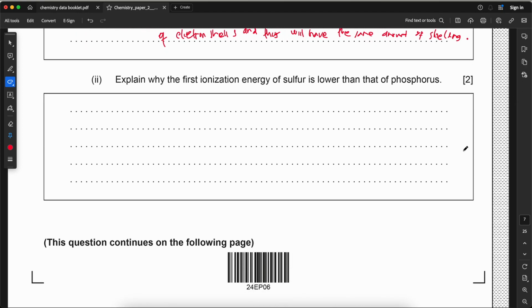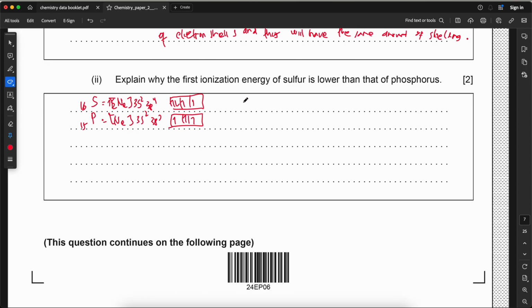Explain why the first ionization of sulfur is lower than of phosphorus. Sulfur is 16, number of electron is 1s... I will just make it short notation. So 3s2, 3p4, and for phosphorus, 3s2, 3p3. If you see on the orbital, that would be paired, and this one would be unpaired.